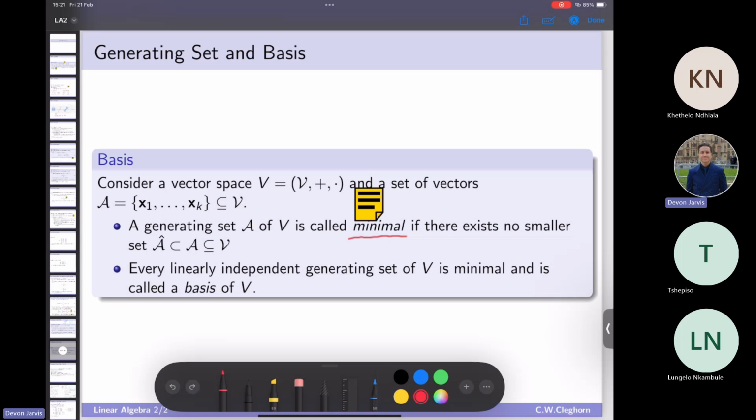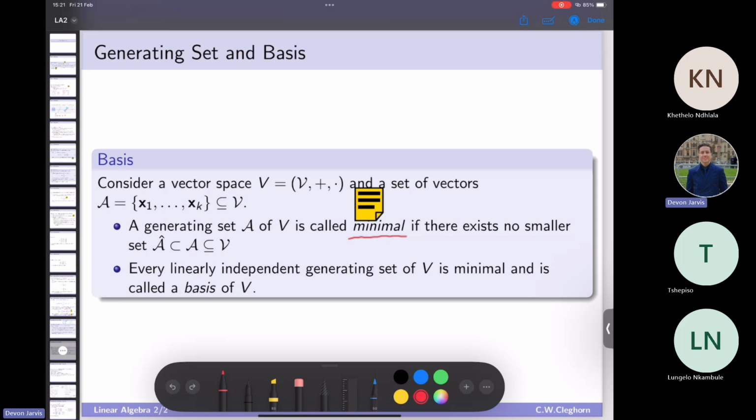So for it to be a basis, it needs to be slightly stronger. It's using as few vectors as possible to span the vector space. That said, every linearly independent generating set of V is minimal and is called a basis of V.